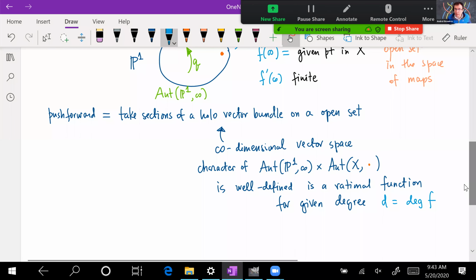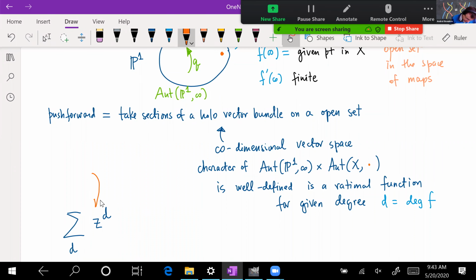And then we want to sum over all degrees, so we sum over all D. Remember, we introduced a new variable to remember the degree. Everywhere in mathematical physics, everywhere in this course, we'll be using generating functions, and in fact we'll use generating functions today in a more essential way.